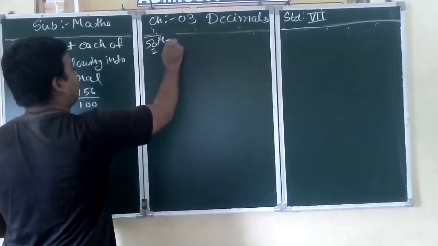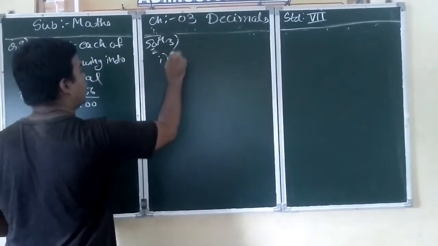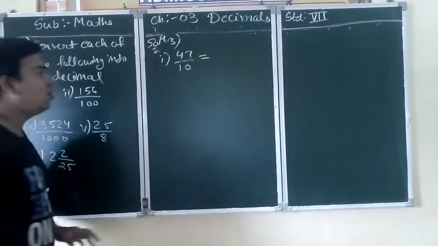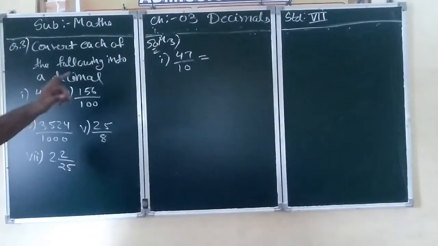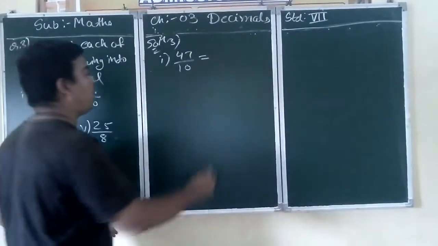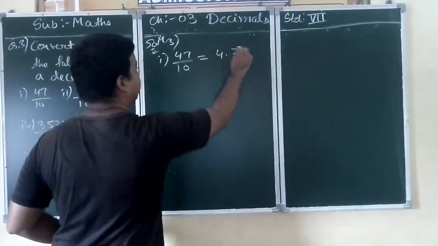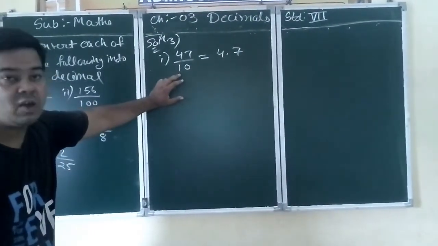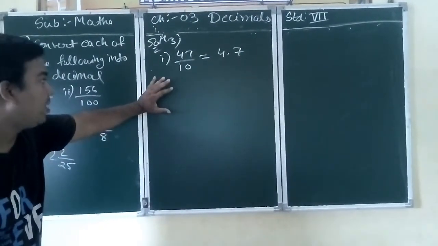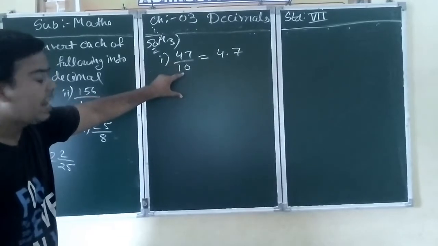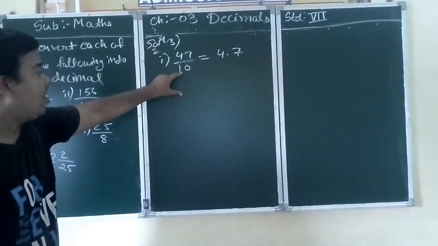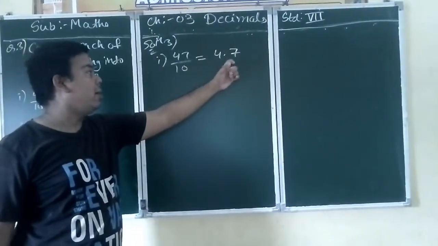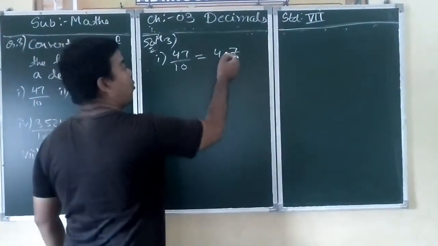Okay, like this example. Question number third, first one, 47 by 10. 47 by 10 means here 4.7. Why? Because the denominator value is 10. So we put a decimal point before one digit.